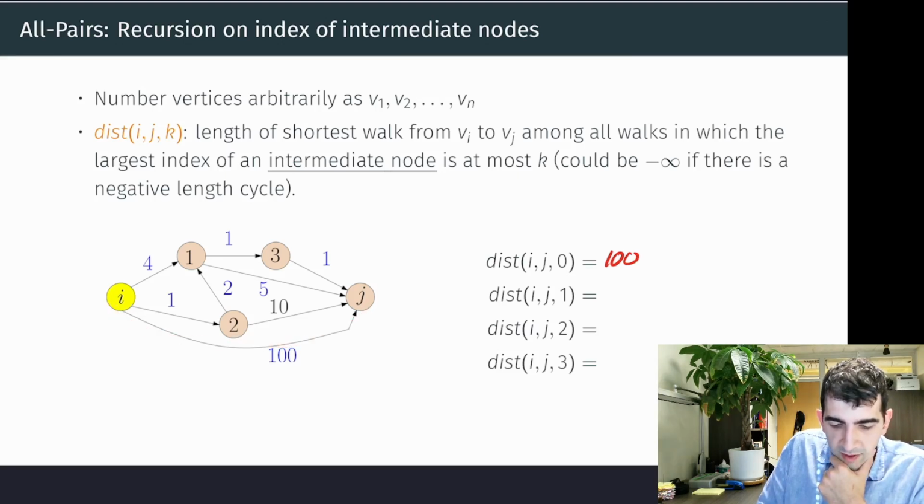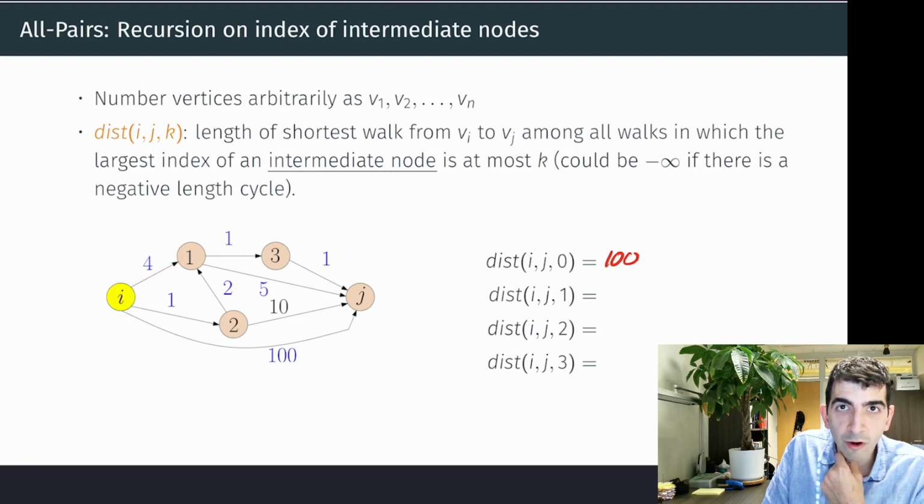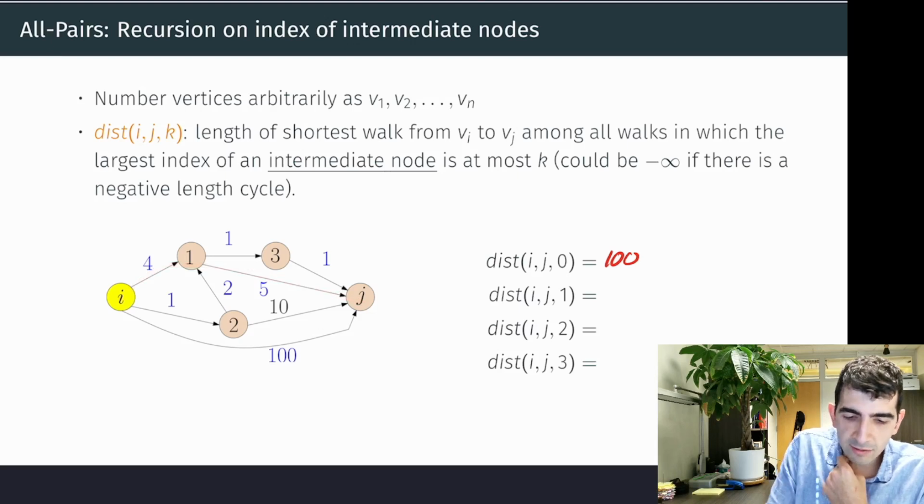Okay, so what's the distance now if you're using only the vertex 1? Well, if you're using vertex 1, then you have a new path. The path is basically the distance from i to 1 using no vertices, and the distance from 1 to j using no vertices. In this case, we have a nice little path here that gives you 9.